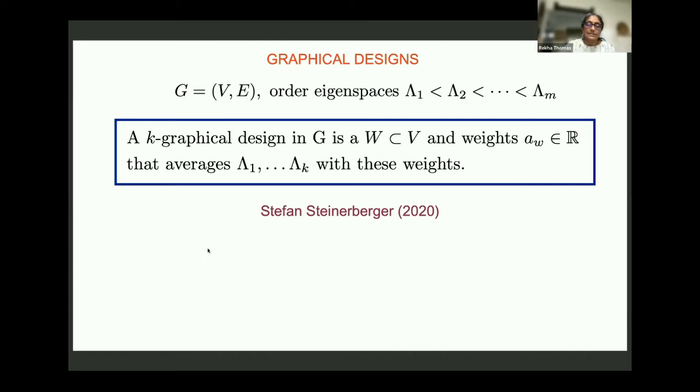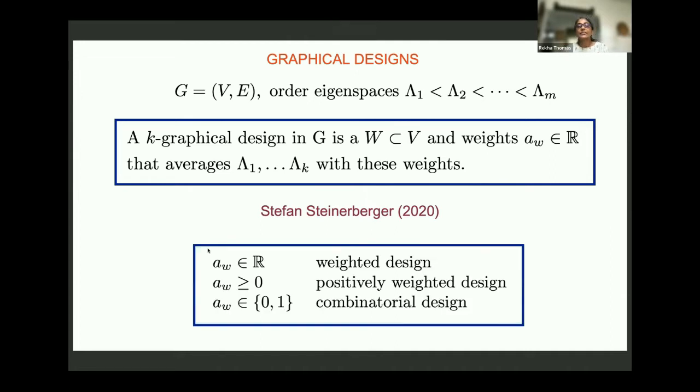And as I said, he was motivated by the notion of spherical designs. So this is what a K graphical design is: a collection of vertices with weights that's going to average the first K eigenspaces of the graph.